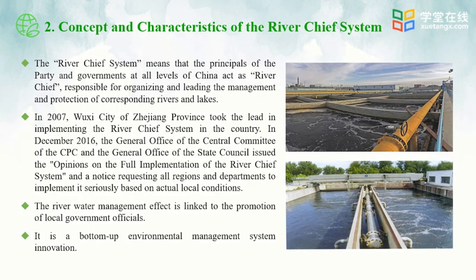In 2016, the General Office of the Central Committee of the CPC and the General Office of the State Council issued the opinions on the full implementation of the river chief policy and required all cities and provinces to take these policies seriously and to fully implement it throughout the country by the end of 2018. Thus, the river chief policy became widely used in China.